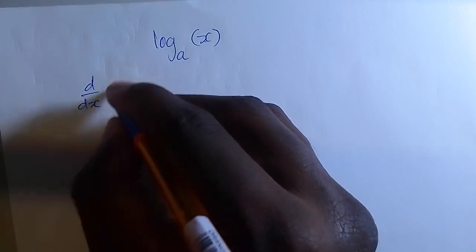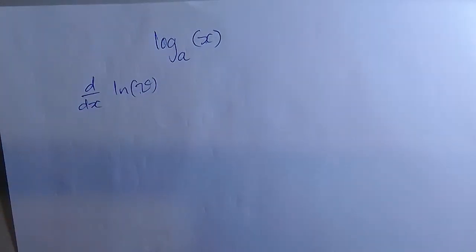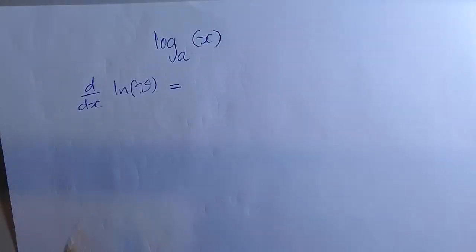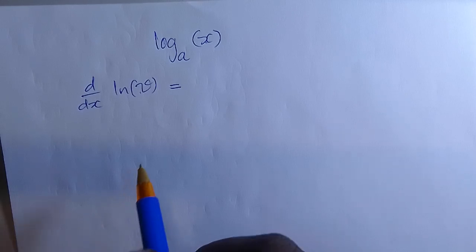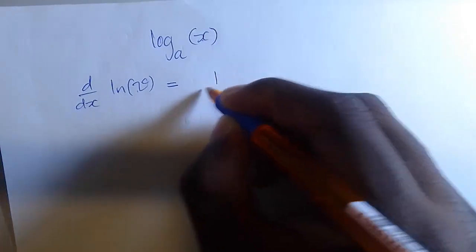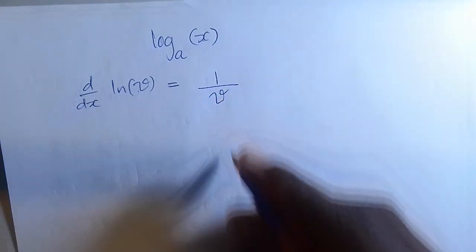So the simple rule is that if you are looking for the derivative of ln of a certain function, what you will do is you'll say the derivative of ln of x, which is the outside function, is 1 over x, but this is v, it's not x.